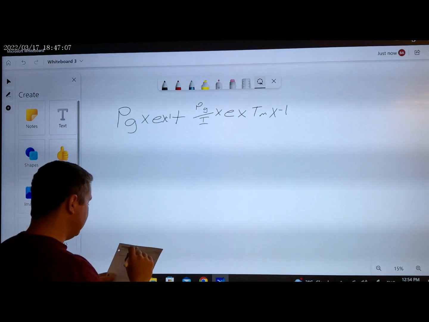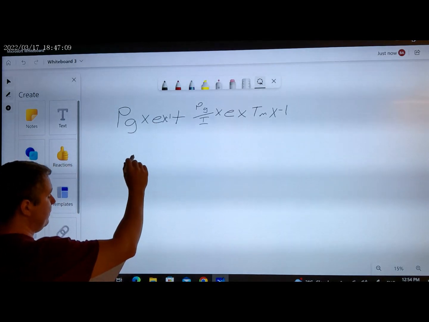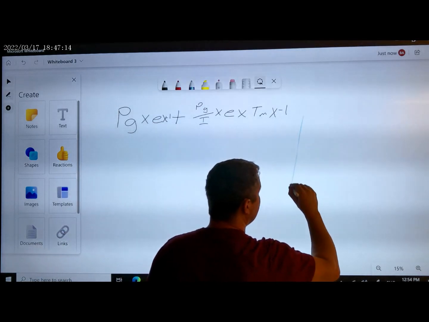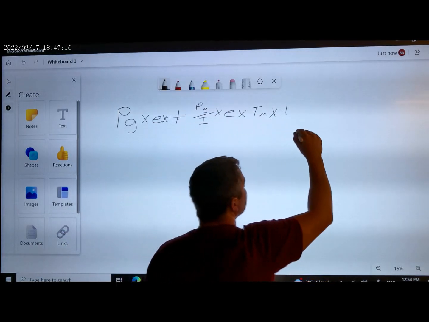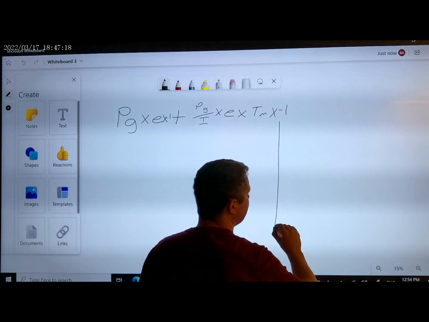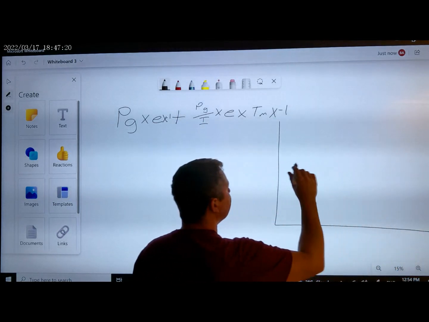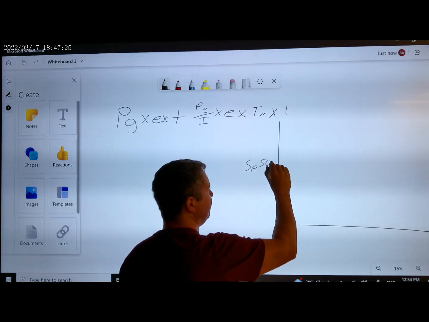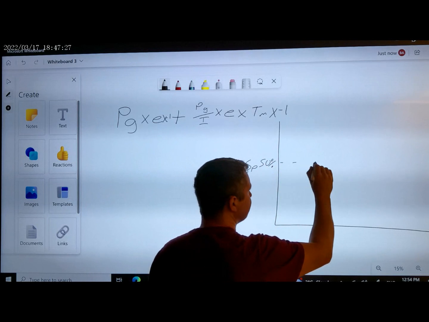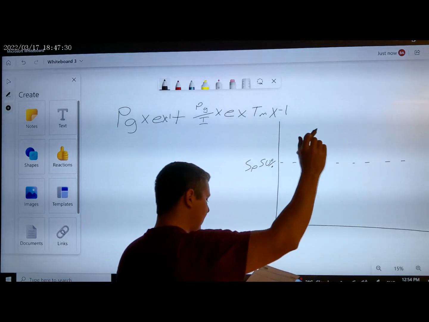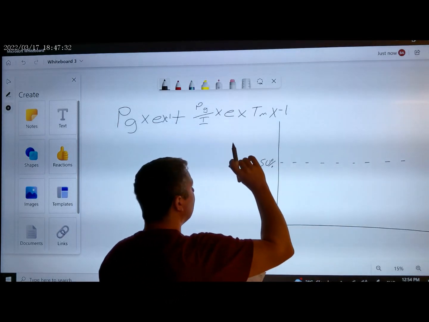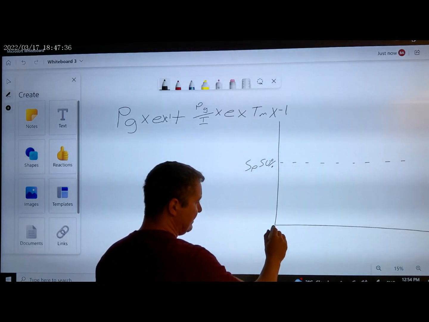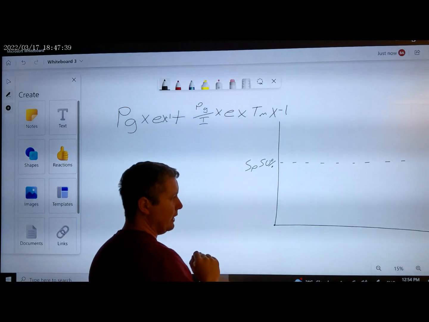Now we're going to do out the steps in the proper way. So when we have a graph and we put our set point, let's say our set point's at 50%, and we are going to start our valve at 0.